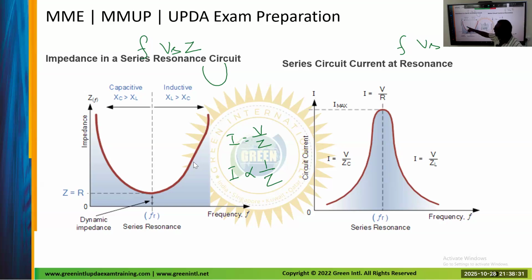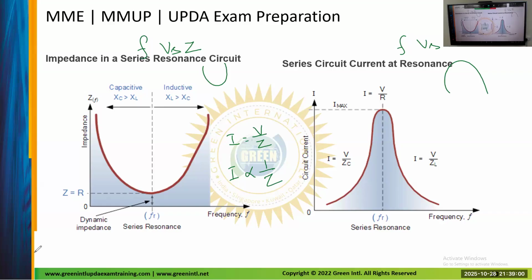Z is high means current is low. So Z is a U shape, but I is inverse, that's why an inverted U shape. Simple understanding: frequency versus impedance is U, frequency versus current is inverted U, that's all.